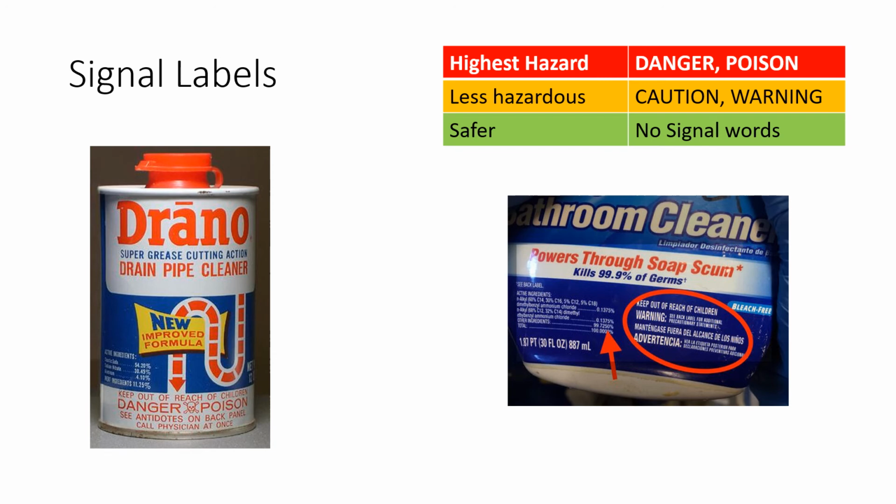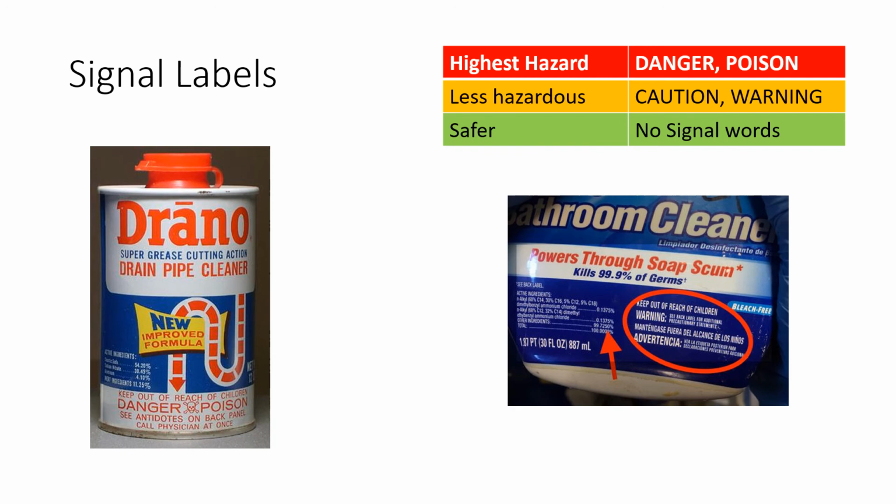Some signal labels that you can find on common household hazardous materials include danger and poison, or a caution or warning label, or there's no signal words at all. Here in this first picture on the left, we can see an old version of Drano.